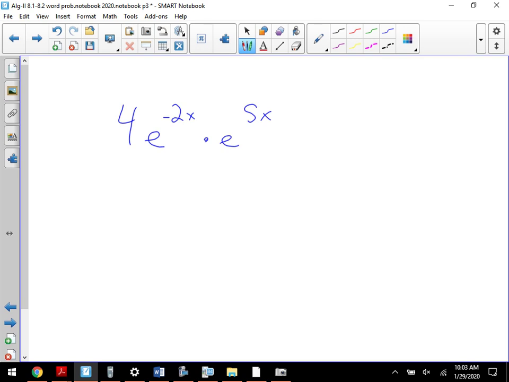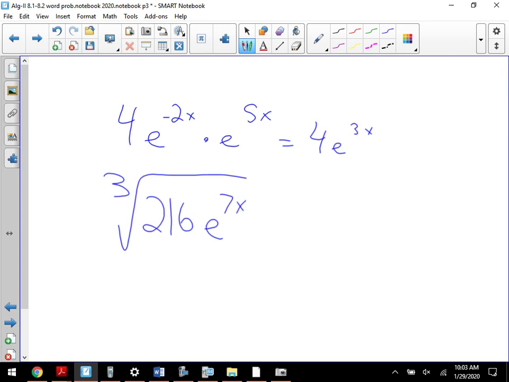Yeah, it's 4e to the 3x. Remember, same base, different exponents. Treat it the same way. E to the 1x. Yeah, very good.